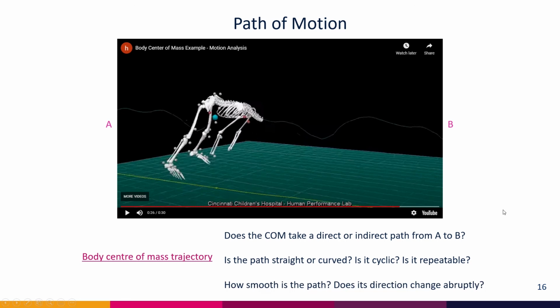We could ask, how smooth is the path? Is it a nice fluid motion that the body has taken, or does it change abruptly? Is it a jerky motion? And we can quantify these things. So we can use motion capture to work out the path of motion of the body and the trajectory of the body's center of mass.